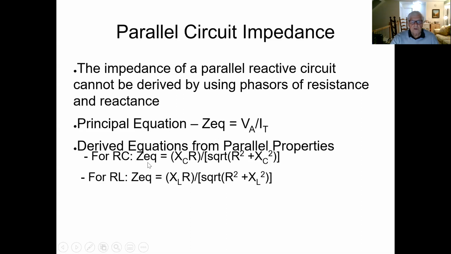For an RC circuit, we can figure out XC times R divided by the square root of R squared plus X squared. Okay? And we do the same for XL.